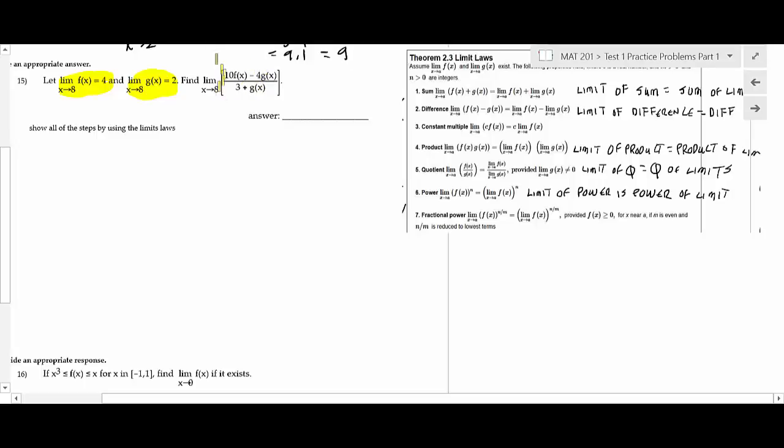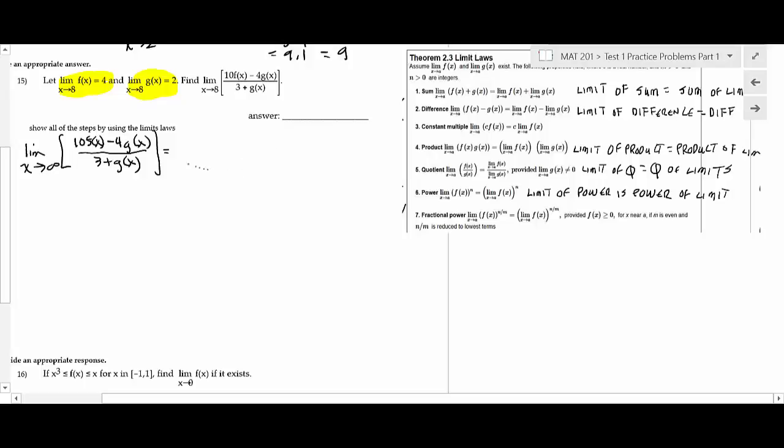So you're going to show your knowledge of the limit laws on this. First of all, you want to write down the problem that I've given you. So we're doing the limit as x goes to 8 of (10 f of x minus 4 g of x) all over (3 plus g of x). And you want to show that you understand how these limit laws work without just plugging stuff in.